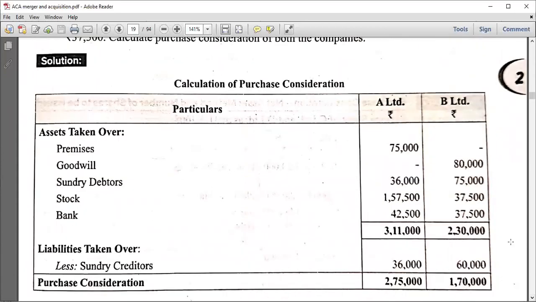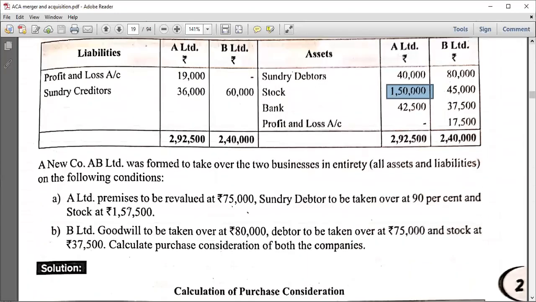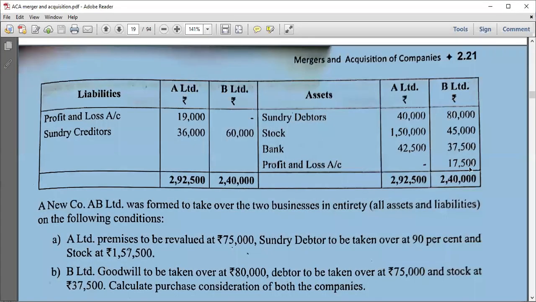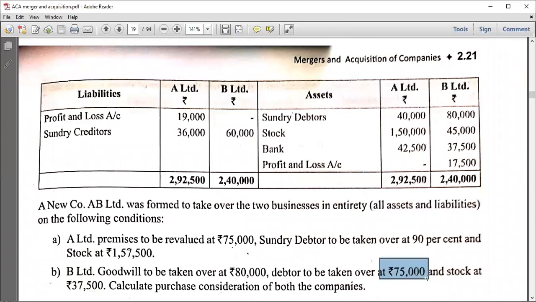When we go to B Limited, sundry debtors was 45,000, okay, debtors was 80,000. Now they will be taking over at 75,000. And the stock was 45,000. So here we have 37,500. And cash in bank, you need to take 37,500.